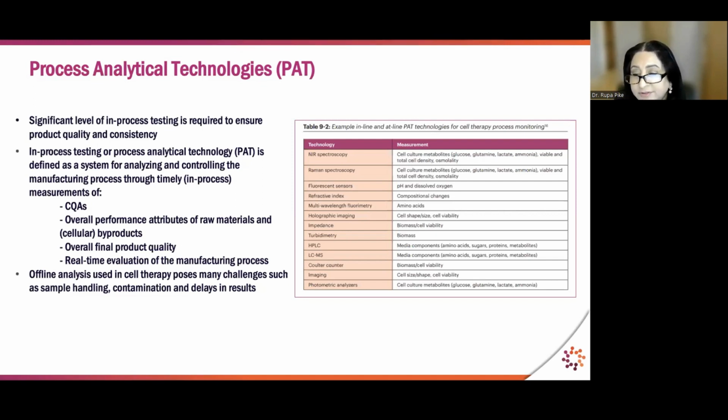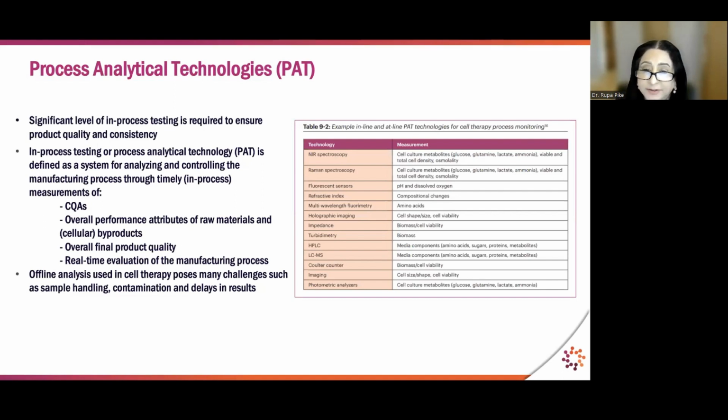And the measurements, if you take a look at them, are really important because they address cell metabolites, viability, osmolarity of the cells. They talk about pH and dissolved oxygen. They also understand compositional changes, amino acids, biomass availability, phenotype of the cell's shape, viability, and then a detailed understanding of media and changes in media components when the media are spent.